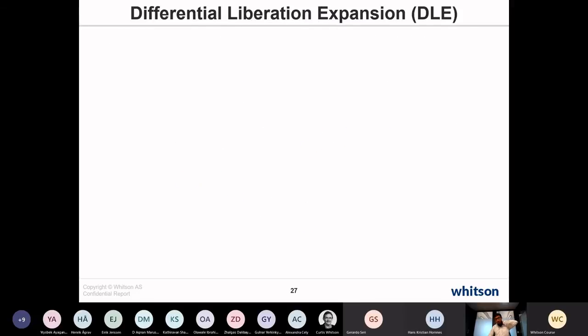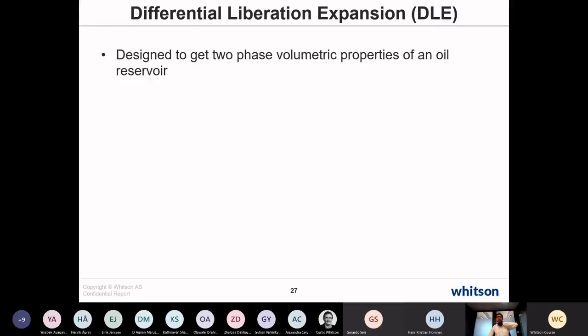Yeah. So now the experiment, and the experiment is essentially the same as the multi-stage separator test, as I said earlier. It's only that the temperature remains the same, but there are a few other things to talk about in this experiment.